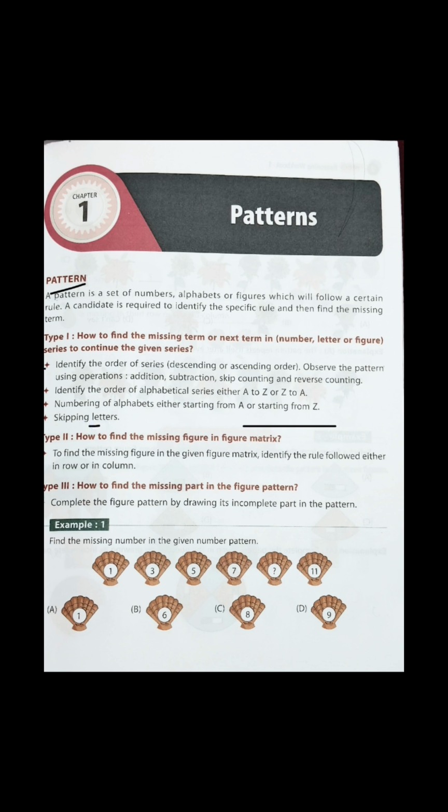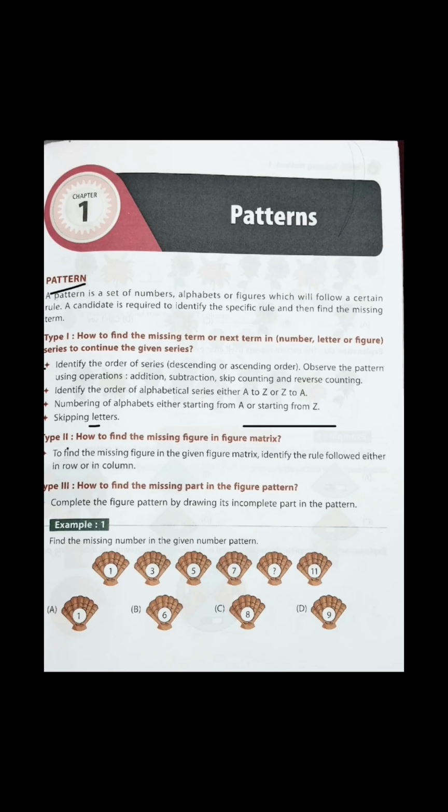Next is skipping letters. Type 2. How to find the missing figure in the figure matrix. To find the missing figure in the given figure matrix, identify the rule followed either in row or in column.